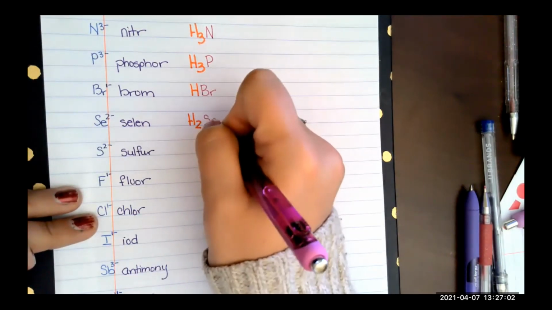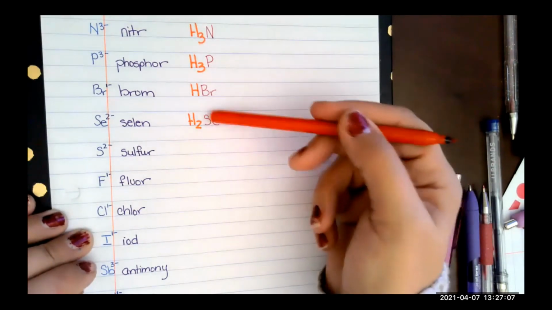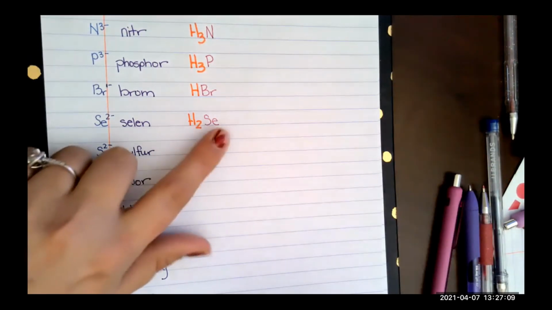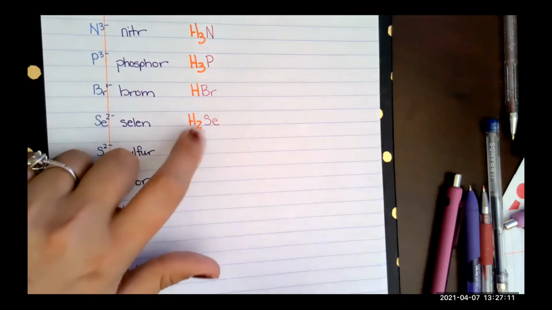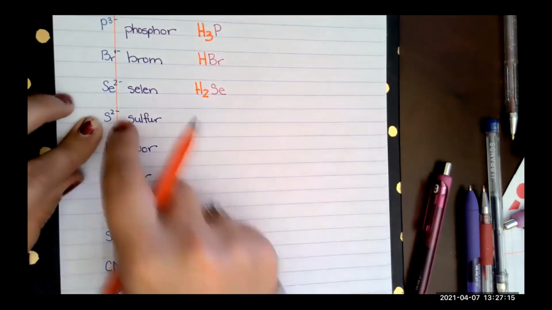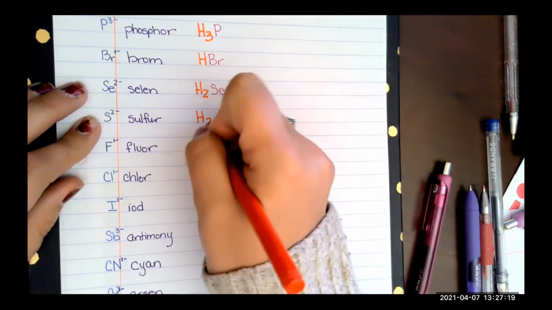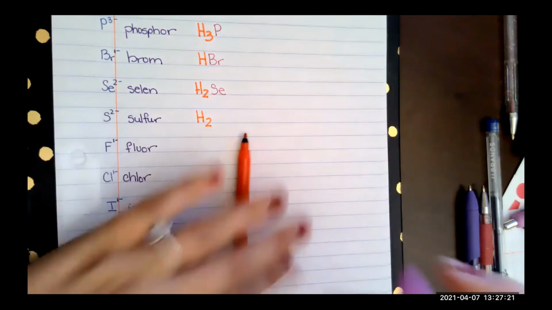For binary acids, there's never more than 1 of the second element. It's always 1 of the second and then potentially more hydrogens. So for sulfur, it's a charge of 2, so it'd be H2, and then S.